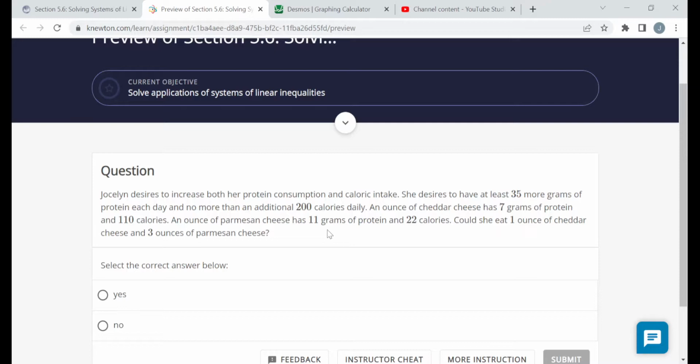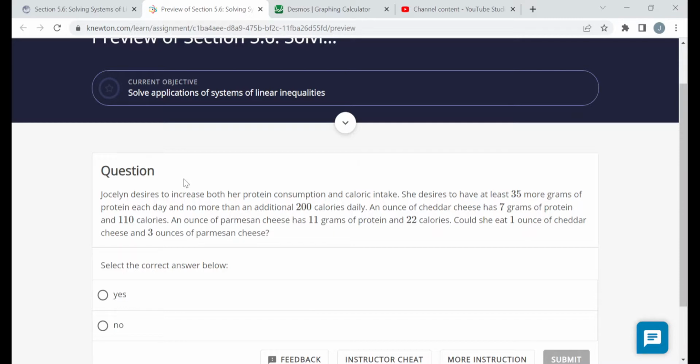And then we'll graph those inequalities on the same coordinate plane and try to discover where the solutions of the system of inequalities are. Remember, any solution of a system has to satisfy all the inequalities in the system, or all the equations in the system. But here it's going to be inequalities, okay?